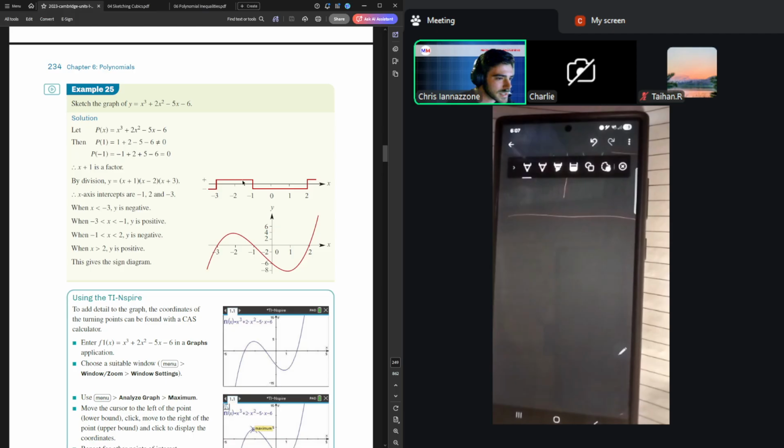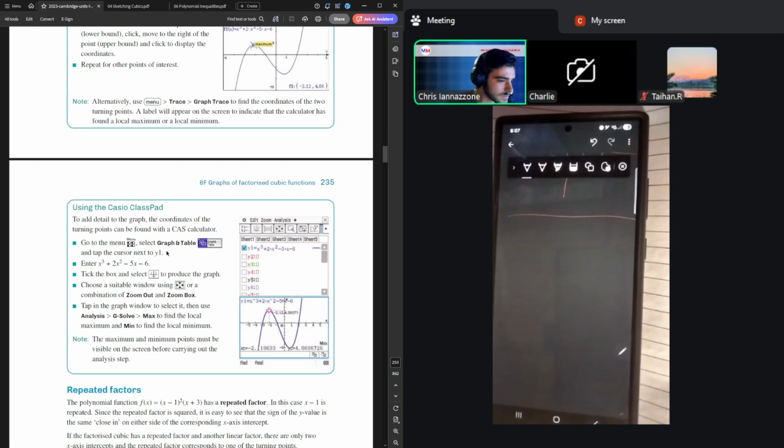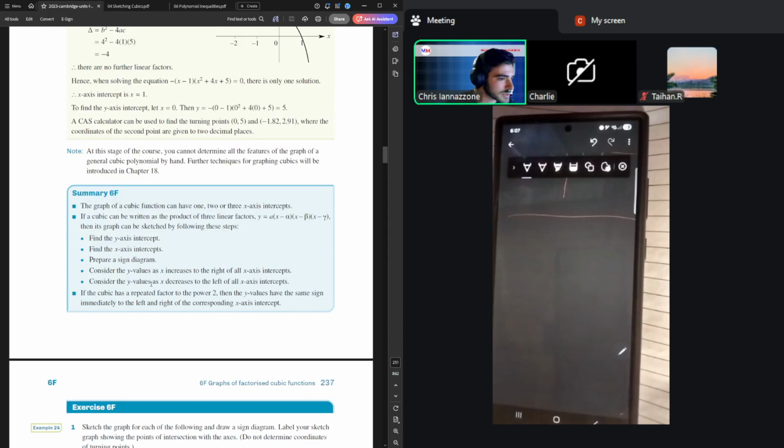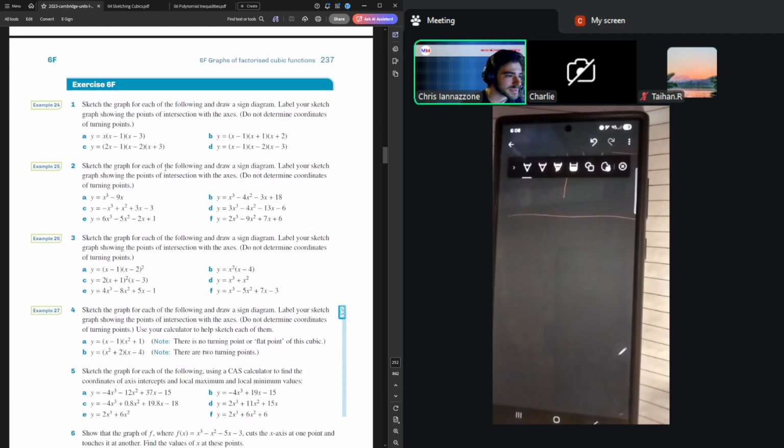But they are doing this sort of sign analysis where they draw this little block of where is the graph positive, where is it negative, where is it zero. You don't need it. It just sort of has to be this way if you follow the things we were describing. I only mention that because some of them might say draw a sign diagram. If your teacher cares about that, obviously draw it for your teacher. But this will never show up in an exam. SAC again will be based on your teacher.